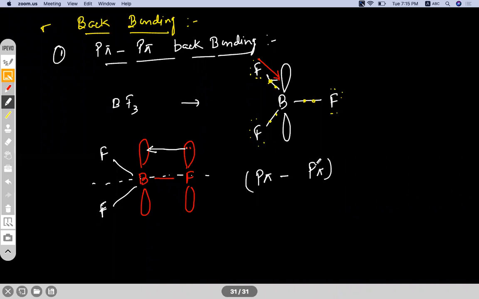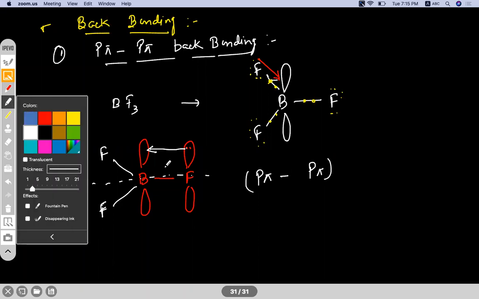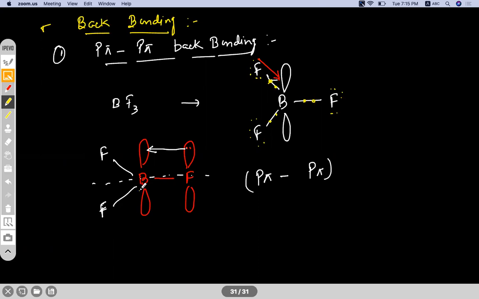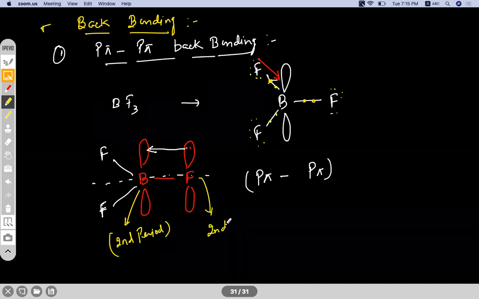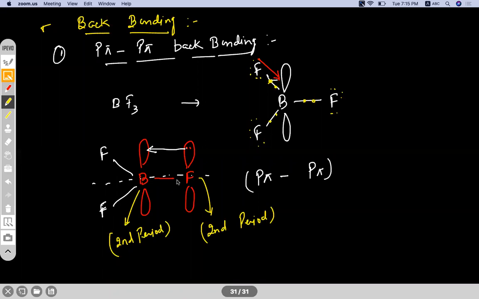So p pi back bonding is possible when the two atoms belong to the second period. This also belongs to the second period, and this also mostly. Mostly it happens in this case only. It is called back bonding because one sigma bond has already been formed. Then fluorine is forming a bond again.